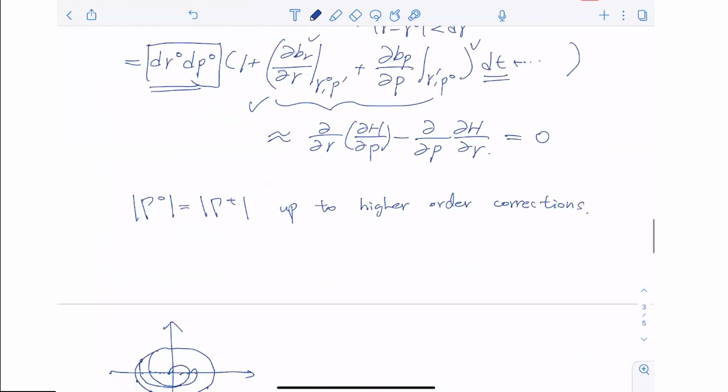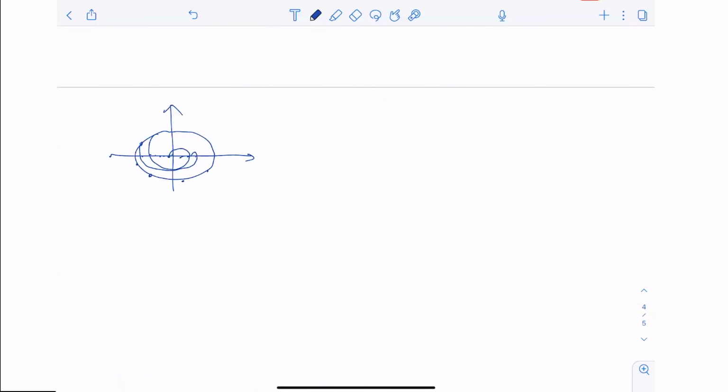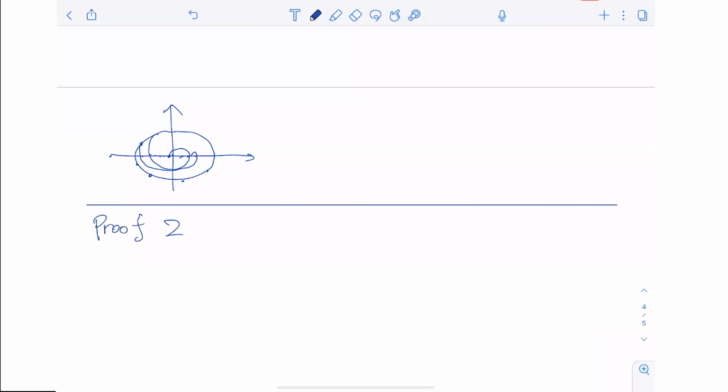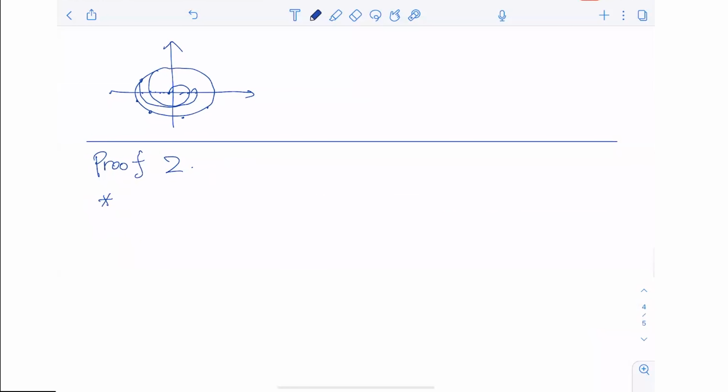Okay, good. So if not, let's try to go to our proof 2. Proof 2 is to some extent more elegant, because it works by observing one thing, that is basically that the probability is locally conserved.